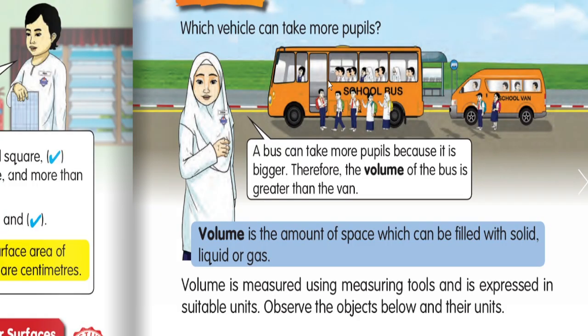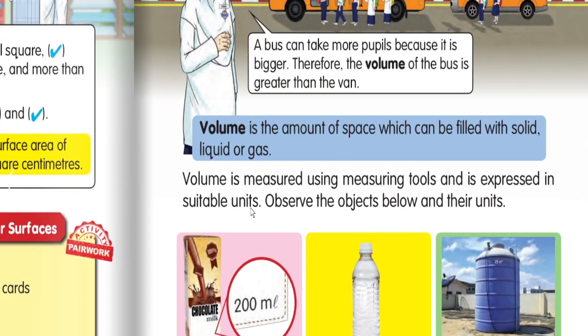That means the volume of the bus is greater than the volume of the van. So volume is the amount of space which can be filled with solid, liquid or gas, basically any matter. Volume is how much space there is in something that can be filled with matter.